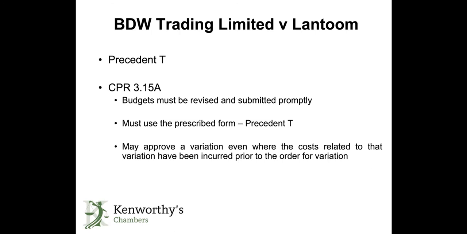It seems to me there is certainly a possibility for a question to arise as to whether, for costs incurred prior to a variation which has not been made promptly, the new terms of 315A will impact upon the cost of that variation because of the requirement of promptness. So I highlight this case, as I said, specifically to highlight the important change to the rules as much as the case itself. So that deals with a budget case.